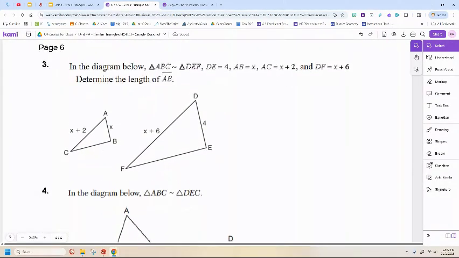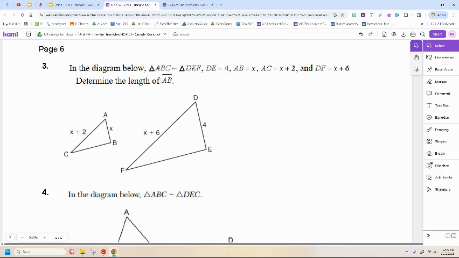Okay, here we go. A few more. Can you guys write the proportion without me leading you?